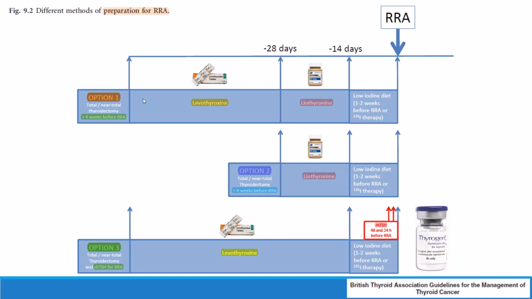Or in another situation, if the patient is already on levothyroxine or liothyronine and we cannot stop this drug because the patient's morbidity may be affected. For example, if we stop levothyroxine and the patient presents with severe heart failure, in this situation we cannot stop levothyroxine. We should use Thyrogen to elevate TSH to more than 30.